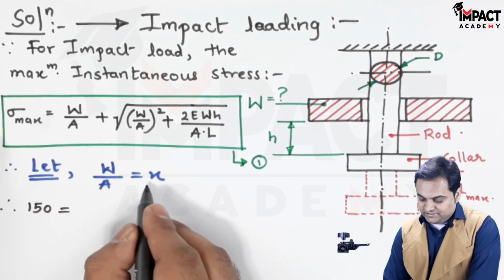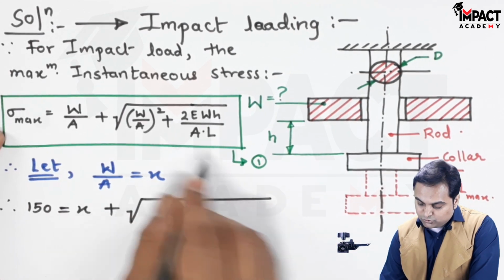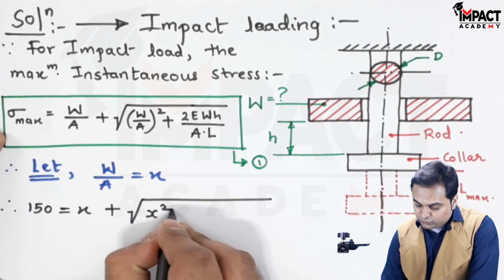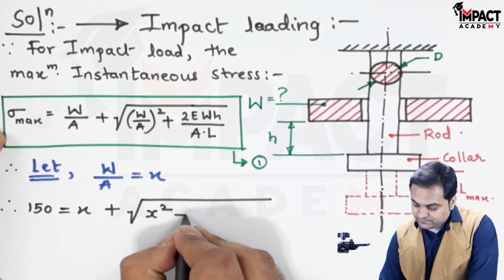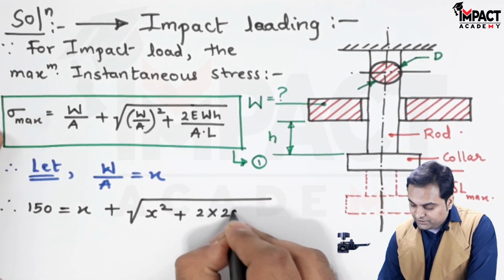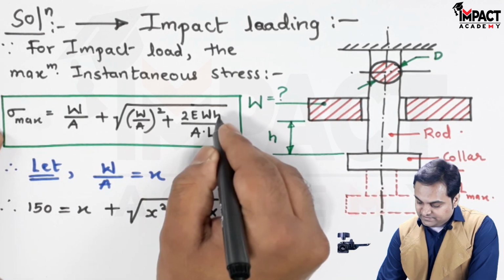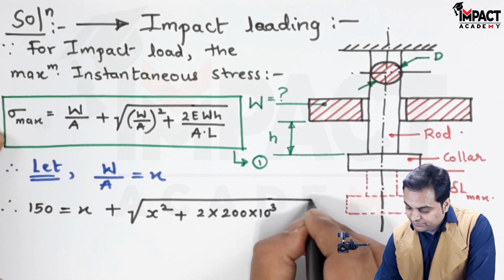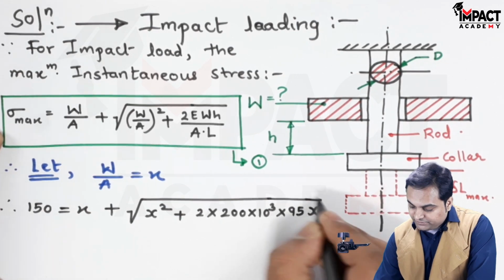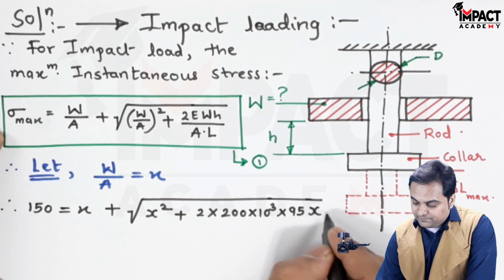W upon A gets replaced by X, plus root of W upon A whole square, it means it is X square, plus 2 into Young's modulus 210 raised to 3. W upon A is nothing but X and H value is 95. I'll write down X in the numerator divided by L, because W upon A whole has been replaced by X.